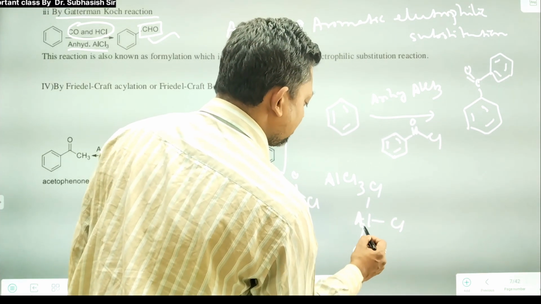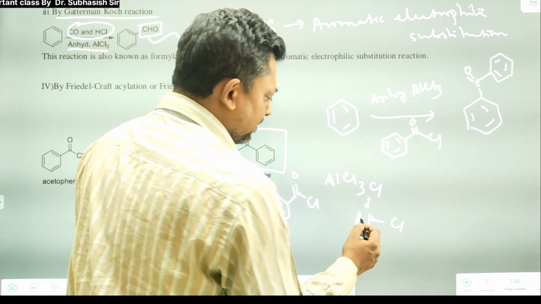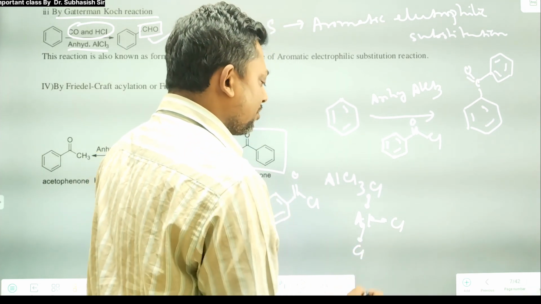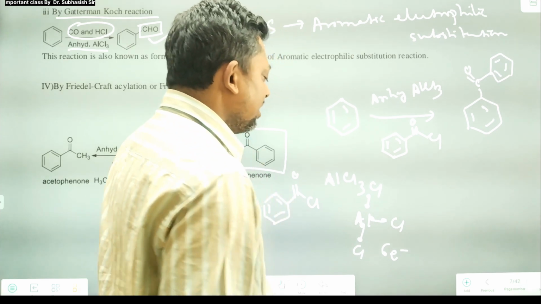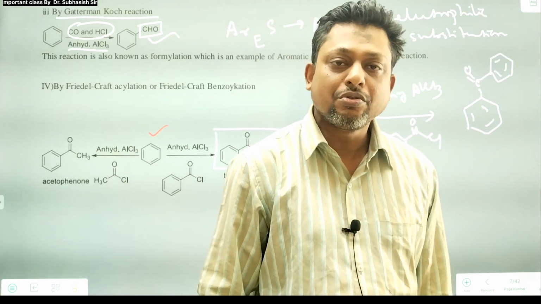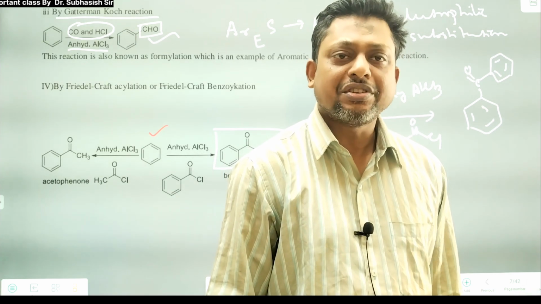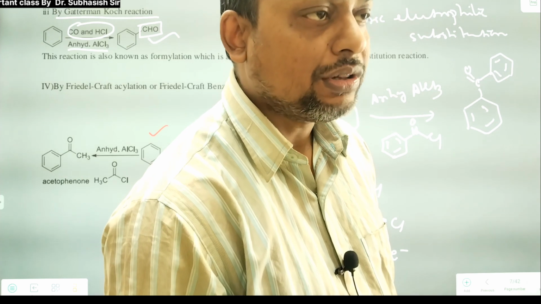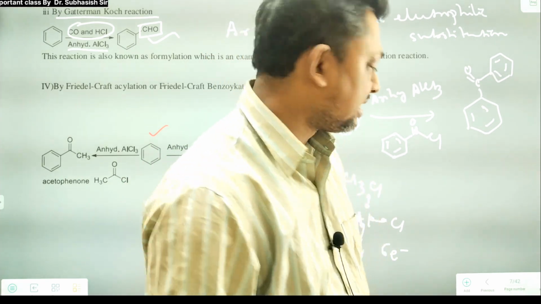Because aluminum has 3 electrons in its last shell, so it can share 1 electron from each chlorine, and ultimately maximum up to 6 electrons it can achieve. So again it is deficient by 2 electrons, which is called what? It is electron deficient, or 2 electrons short of an octet. We know that if 8 electrons are present, we call it an octet, which is stable.